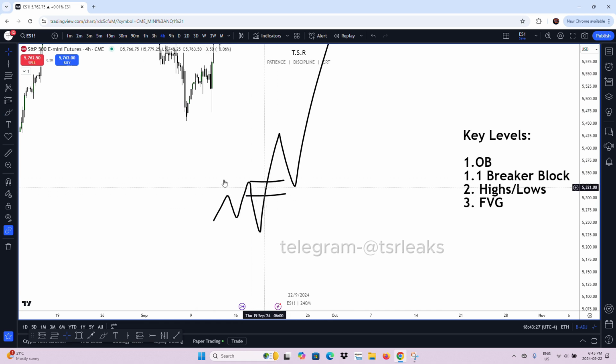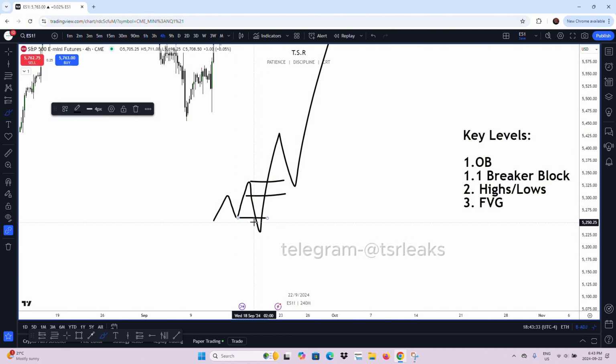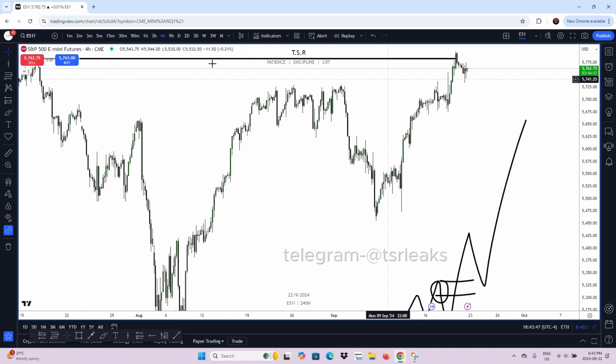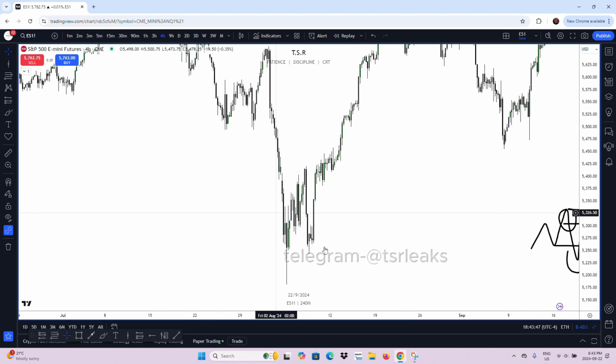Why is this a breaker block? Because price took out a low right here, turtle soup. This is the turtle soup taking out liquidity, rejecting a low and breaking through the high that rejected the low. This becomes a breaker. So where is the breaker in this scenario? Right here.